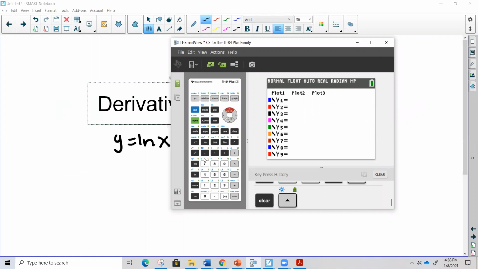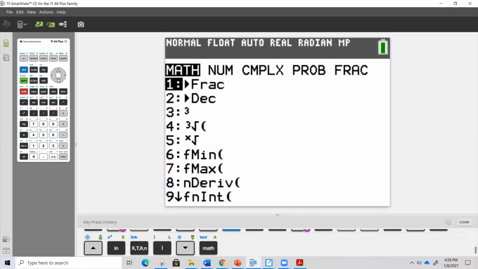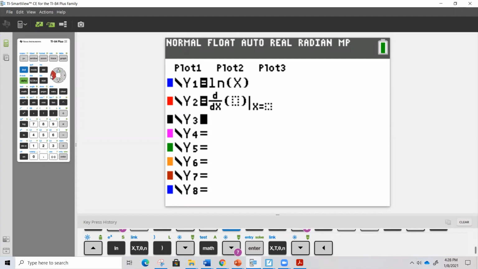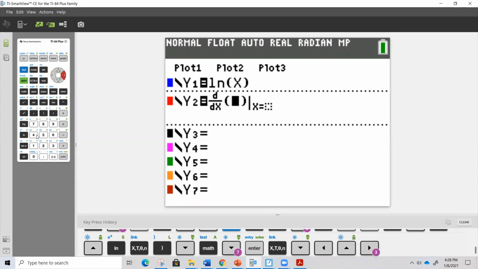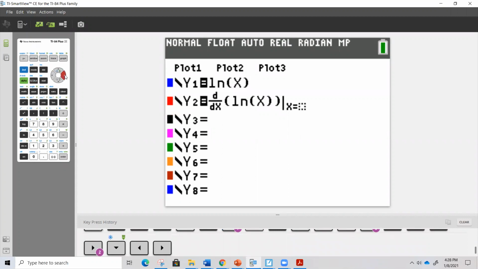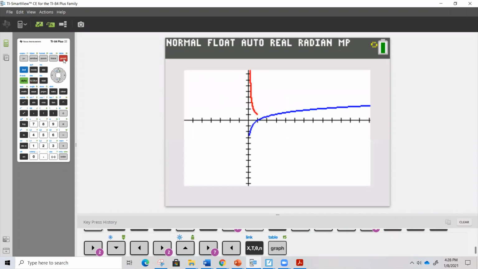But if I graph ln of x, and then in y2 I do the derivative, okay, so that's ln of x, and this graph here is only part of a function we recognize.